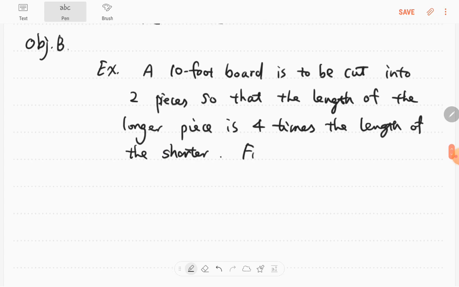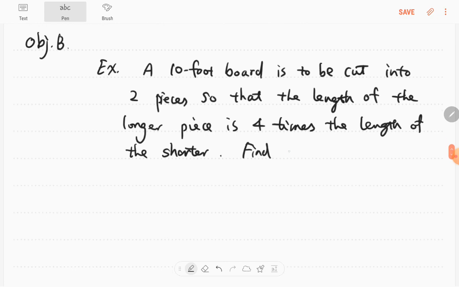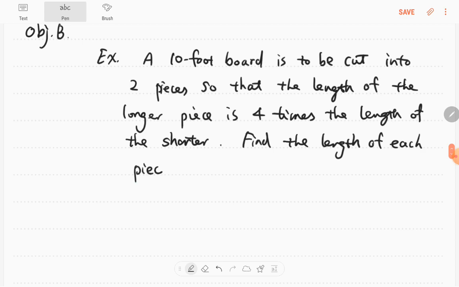And this is our question. We are interested in finding the length of each piece, which means we should find the length of the long piece and the length of the short piece.